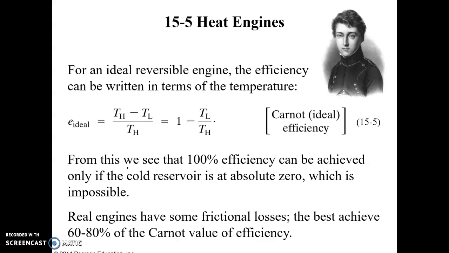So what Carnot came up with is this formula for the efficiency of an ideal engine running at the best it possibly can: the high temperature minus the low temperature, divided by the high temperature.